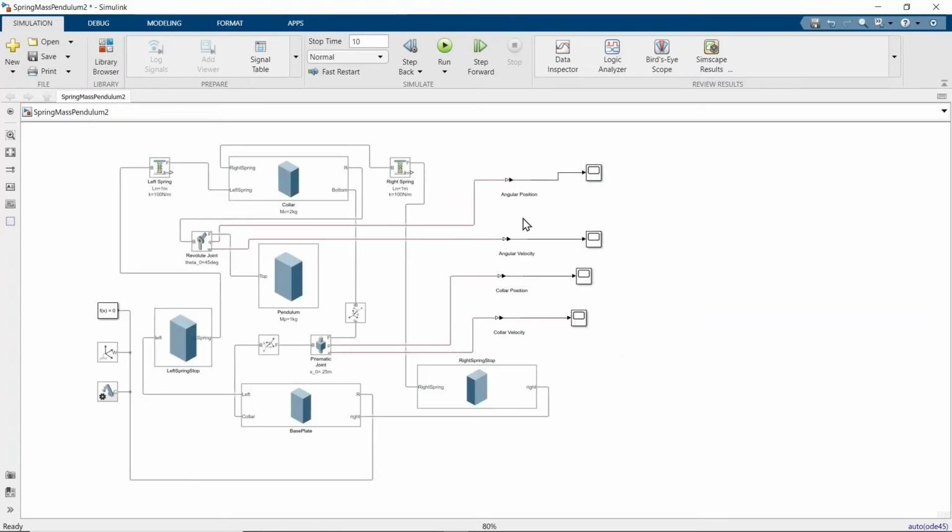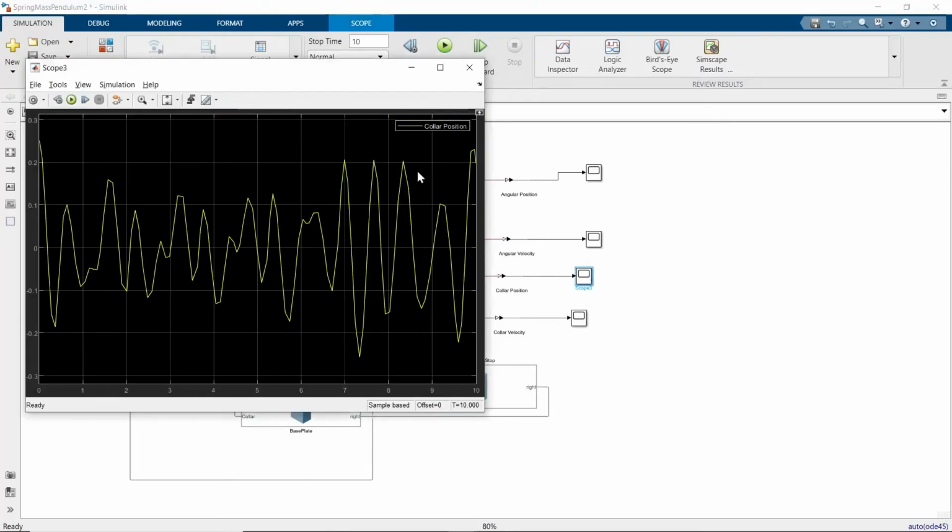I just showed how to connect the PS Simulink converter with a scope, and from the output of the position, that will give you the angular position of the pendulum. Off the screen recording, I added these 3 to it, which are the angular velocity with a PS Simulink converter and scope, and the position and velocity of the prismatic joint, which is connected to the collar. So it's the collar position and collar velocity. If you double click the scope of the collar position, it will show you the collar position there.